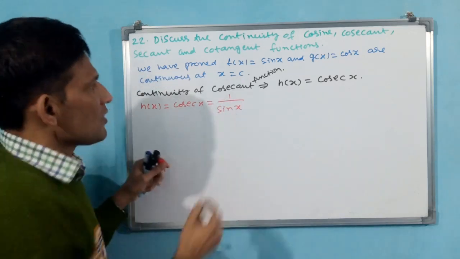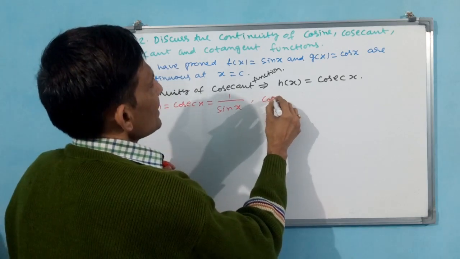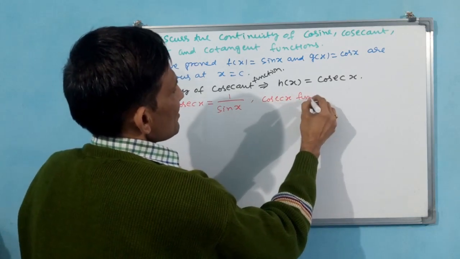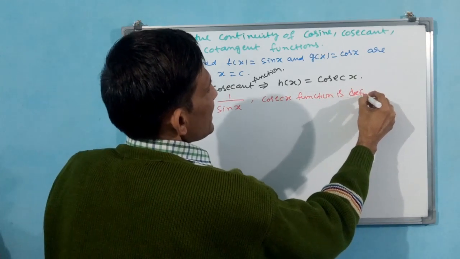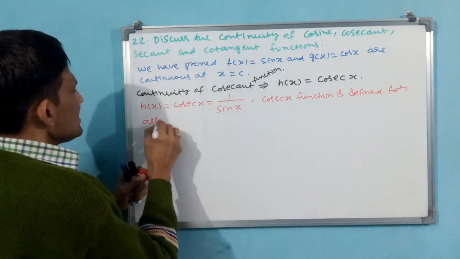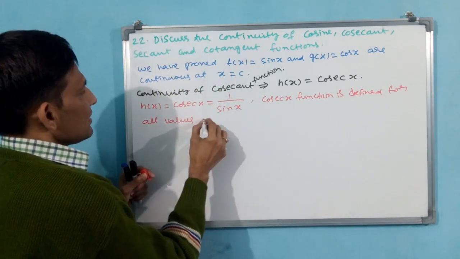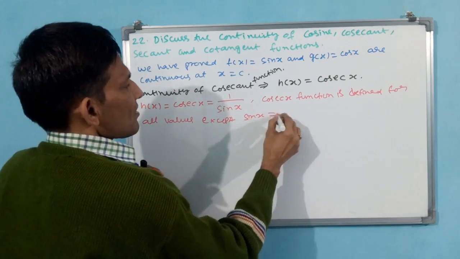Okay. Now I am putting a comma and writing: cosecant x function is defined for all values except where sin x is not equal to 0.